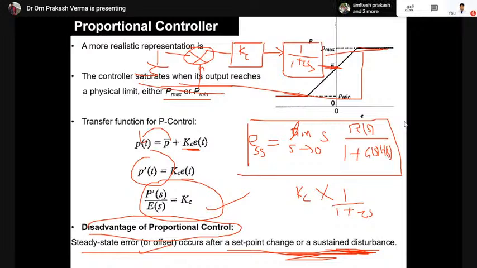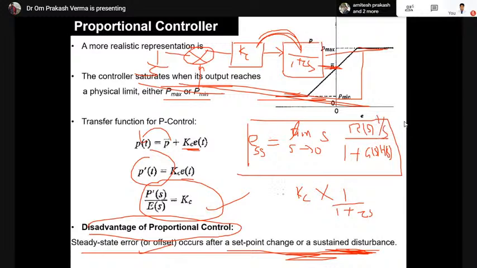So this is 1 upon s, this is Kc into 1 upon 1 plus tau s. H(s) is given as 1. So G(s) becomes Kc into 1 upon 1 plus tau s. So ESS becomes limit s tends to 0, 1 upon s.